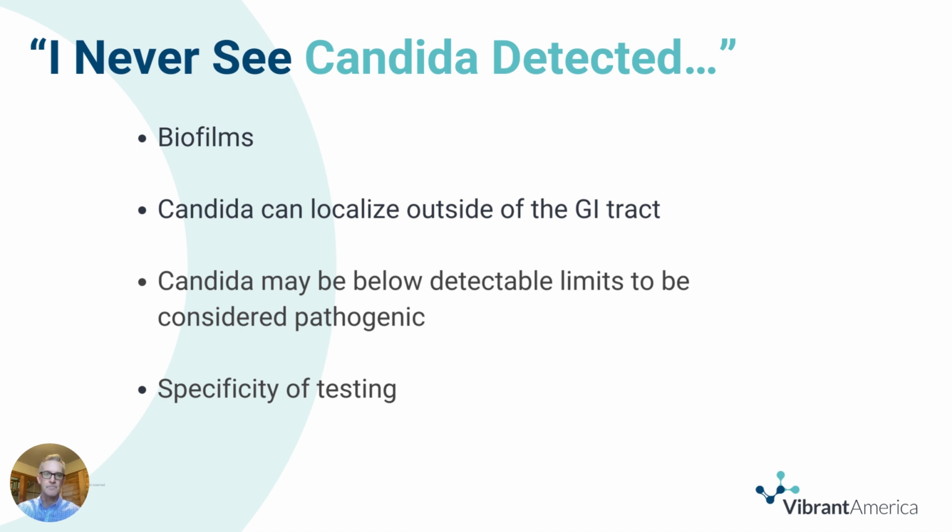So in my own personal practice, I've used several different GI labs. With one of them in particular, I kept seeing Candida on every single lab that came back, and I got to wondering why. And it turns out they did not have any validation studies on that particular test. So specificity was probably low. They were probably detecting something that looked like Candida.